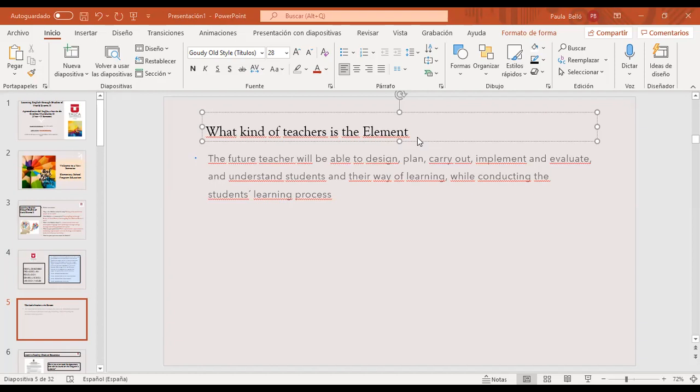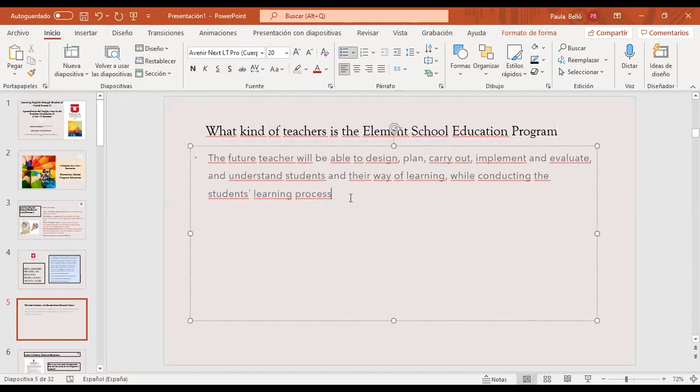But in case of little schools in the countryside that do not have physical education teachers, they can have an elementary school teacher who knows something about physical education, and that can be you. Just think of that situation in the elementary school education program. So this future teacher will be able to teach.